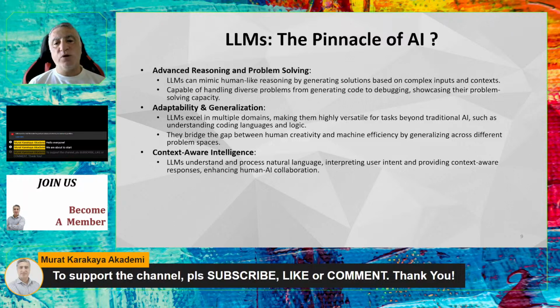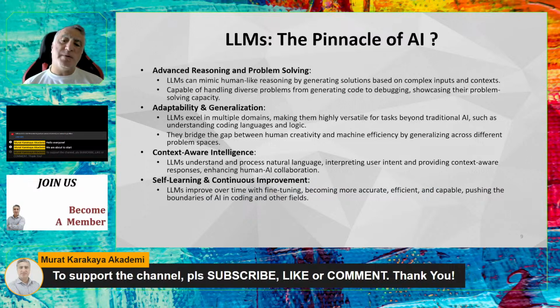Also, they provide context-aware intelligence. When you interact with a large language model, it does not only use its training data, but it also takes care of your current interaction with the model, so it can react according to the context. Also, we can think about self-learning and continuous improvement.